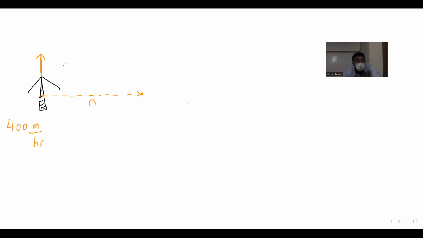And the question says that the radius of curvature, so this plane is taking a big round, and the radius of curvature is 2 miles, okay? 2 miles, that's just huge, by the way.